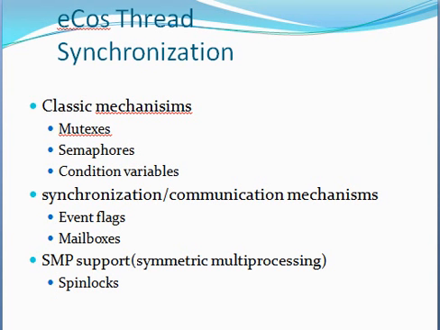These include the classic synchronization mechanisms: mutexes, semaphores, and condition variables. In addition, eCos supports 2 synchronization and communication mechanisms that are common in real-time systems, namely event flags and mailboxes. Finally, the eCos kernel supports spin locks, which are useful in SMP, symmetric multiprocessing systems.